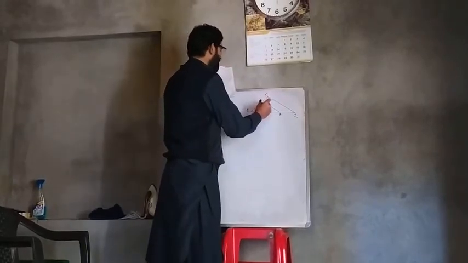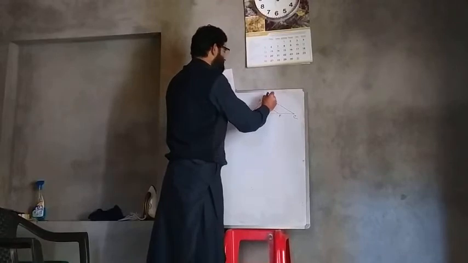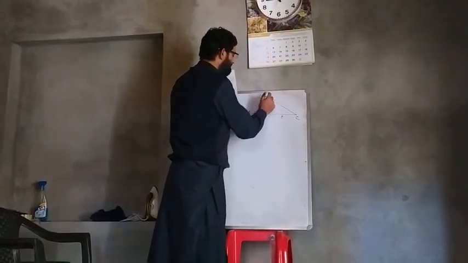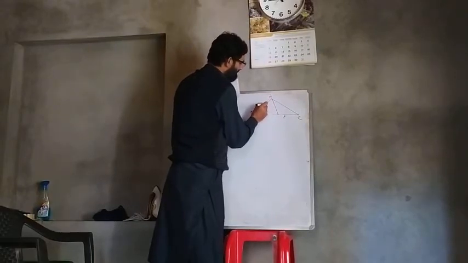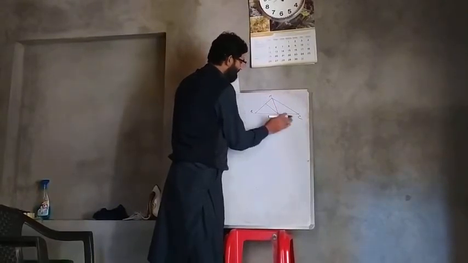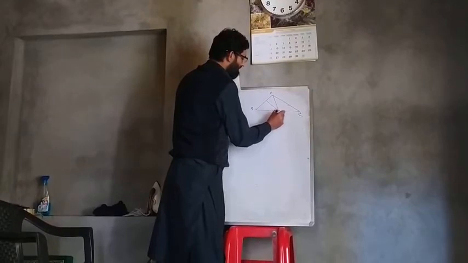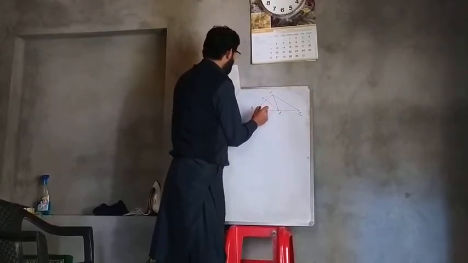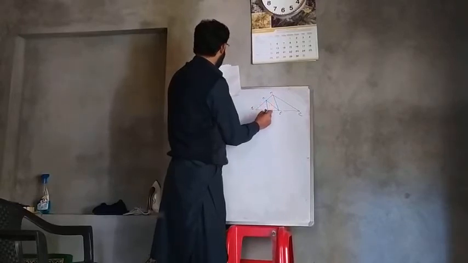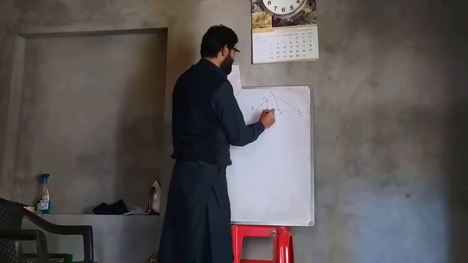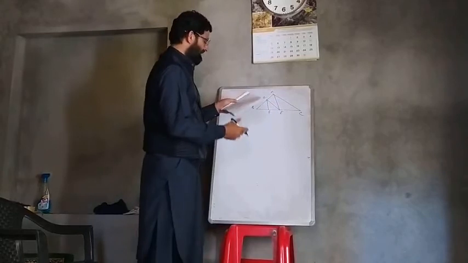Also, there is another line, DF, parallel to AE.